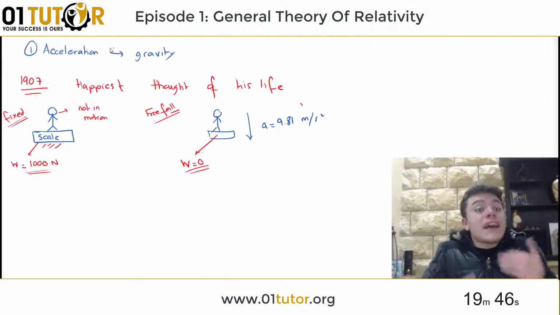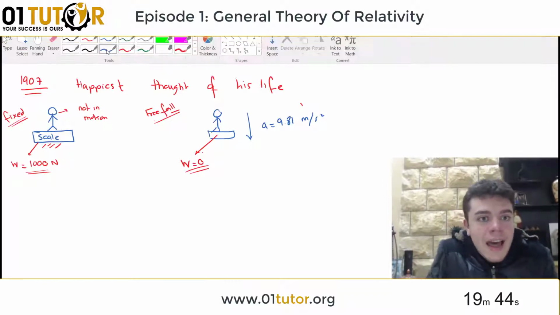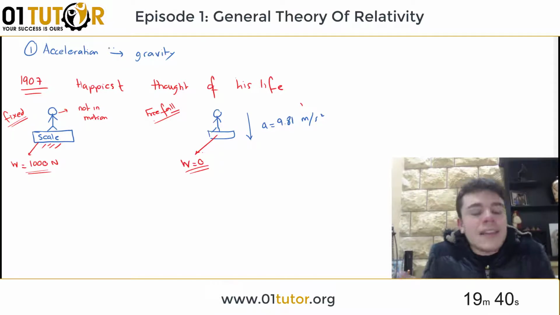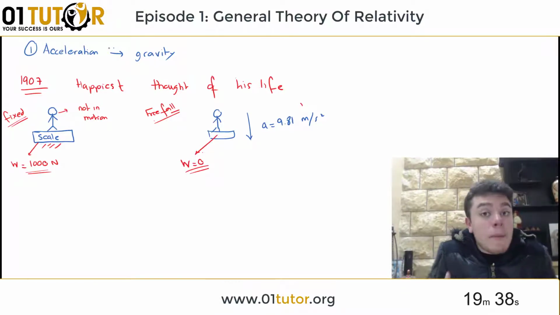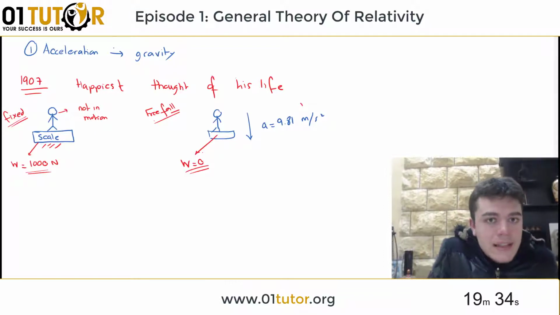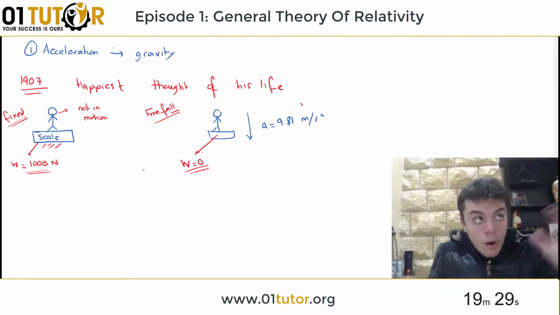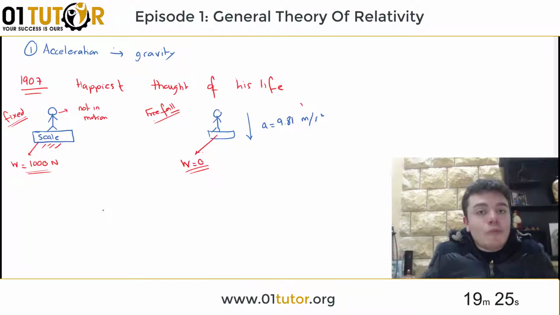Now, to emphasize this more, he even said that acceleration is not only capable of cancelling gravity, it is also capable of creating gravity. He gave another example where he said, suppose that you are in space. In space, there is no gravitational field, so you feel weightless.